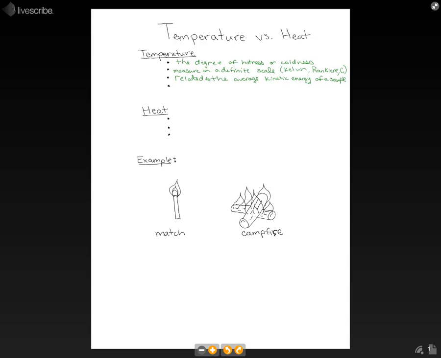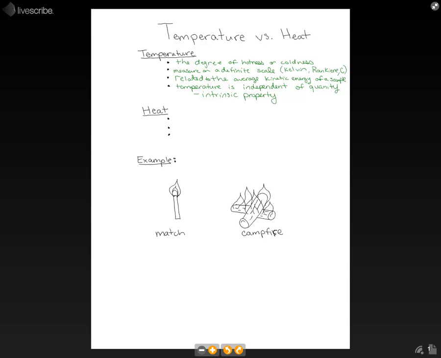And temperature is independent of quantity also. And therefore, something that's independent of quantity, we like to call that intrinsic. So it's an intrinsic property.